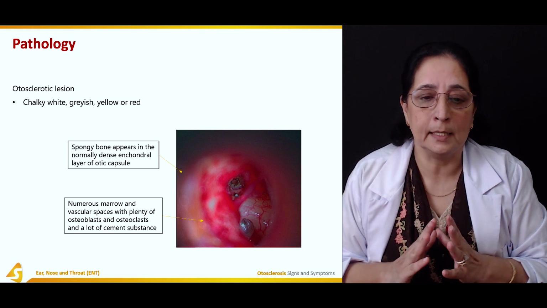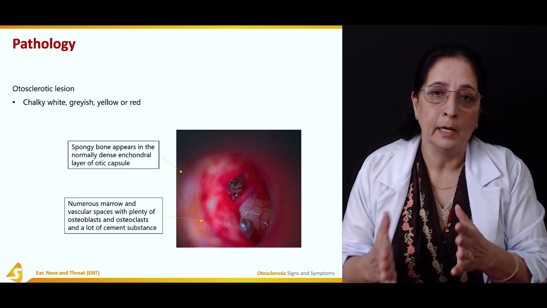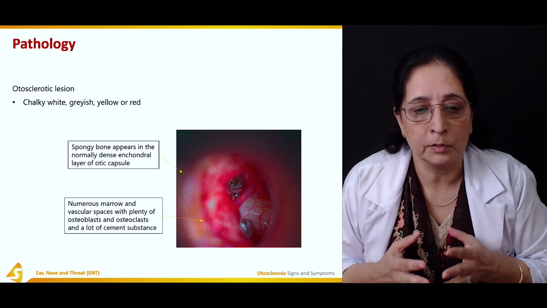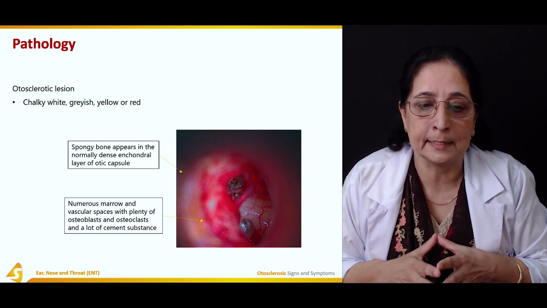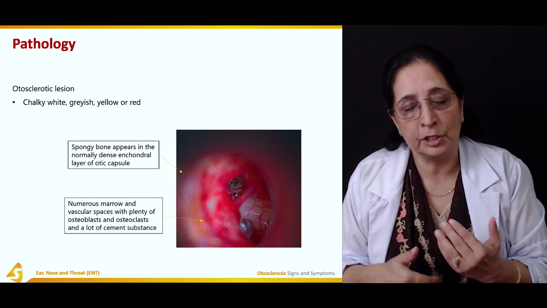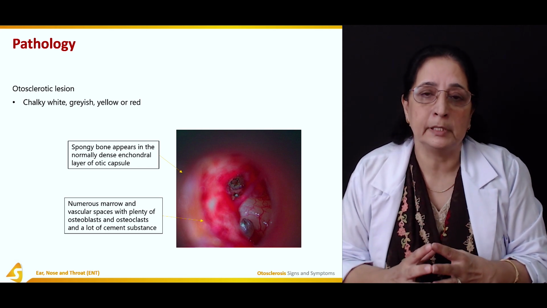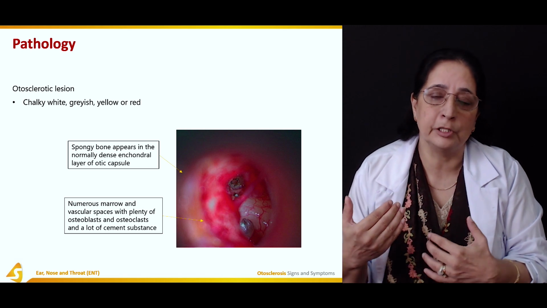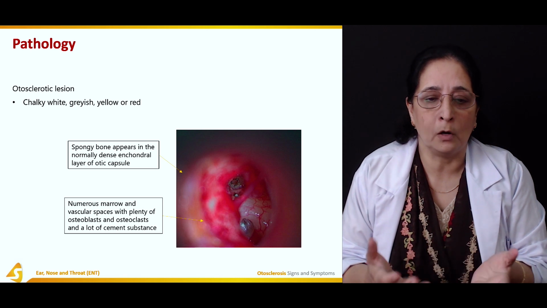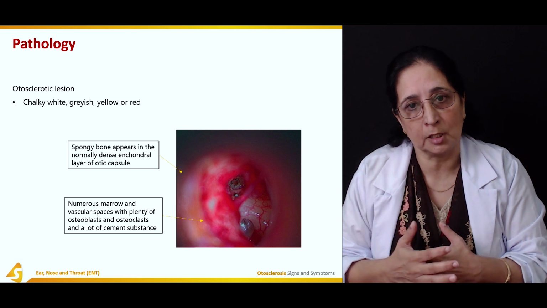Osteoblasts are bone forming cells. Osteo is for bone, blasts are the cells which lead to formation of the bone. Osteoclasts are the bone destroying or bone resorbing cells. So both types of cells are present, causing destruction of the bone and at the same time formation of the bone, and also a lot of cement substance to cement these structures together.